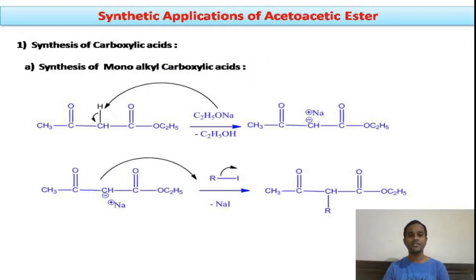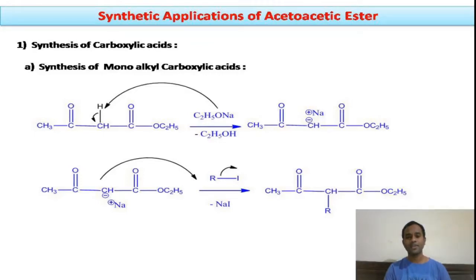The first one is synthesis of carboxylic acids. In that we are going to discuss the synthesis of monoalkyl carboxylic acids. You know, our acetoacetic ester has active hydrogen, right? This active methylene group containing hydrogens are relatively acidic.